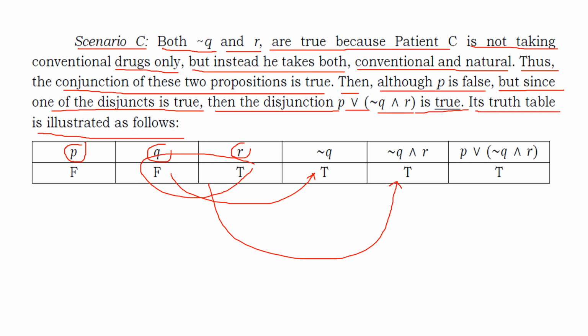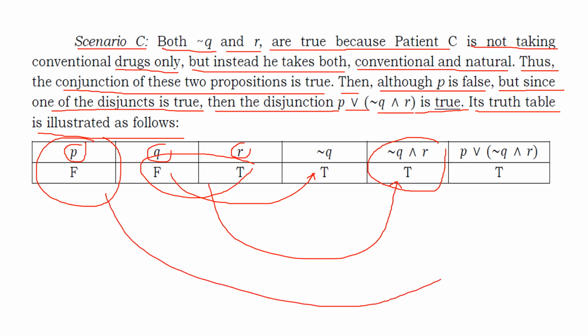Now, in this last statement there's an involvement of your original P proposition, as you can see here, and your negation Q conjunction R. So we simply combine these two. One of your propositions involved is a true statement.